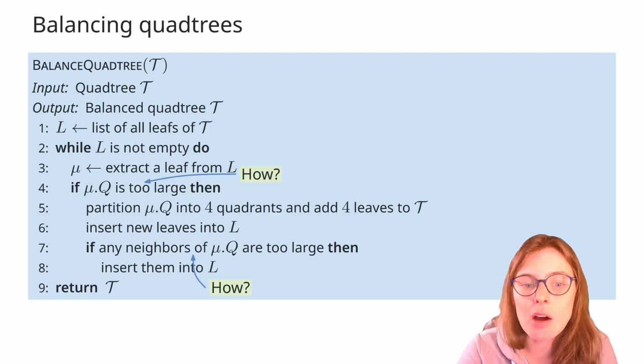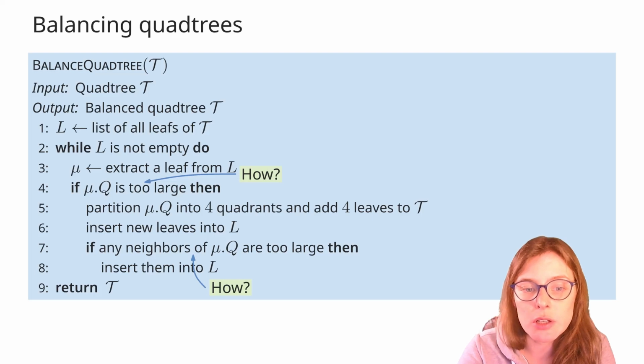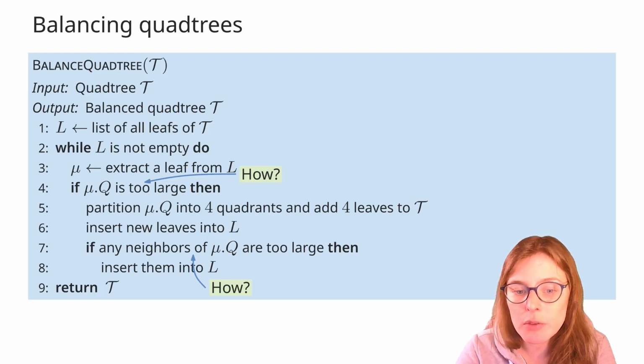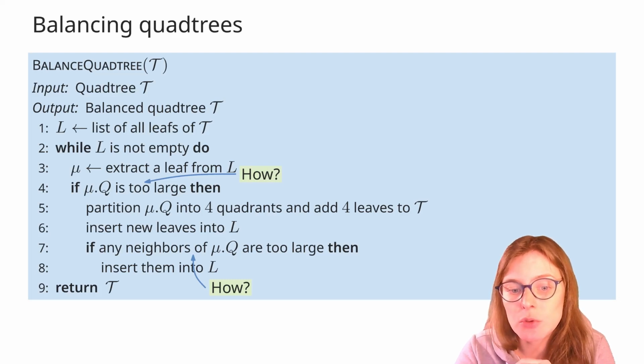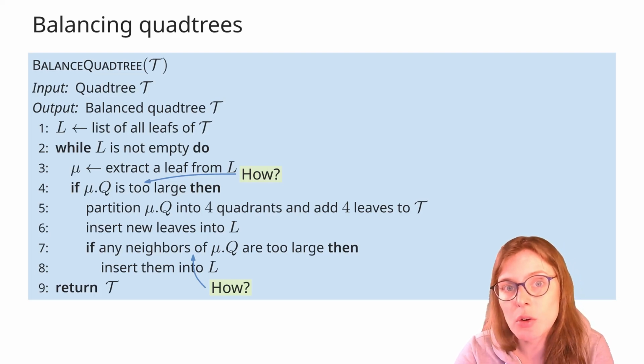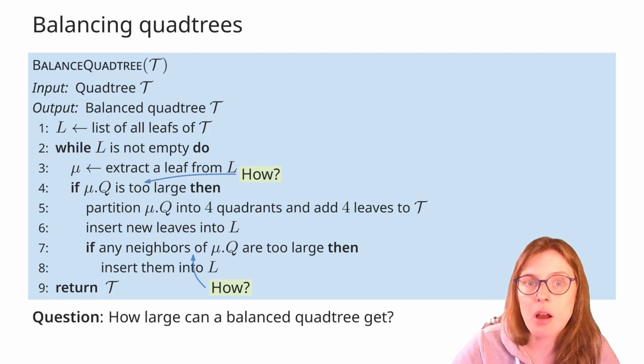And this is exactly how we will determine if a square Q is too large: if it has a neighbor of the size smaller than Q by more than a factor of 2. And similarly, if any of the neighbors, after subdividing Q into 4 quadrants, are too large, meaning any of the new squares are too small compared to the size of the older squares, we will add them to the list L. How many squares can we add by this balancing operation?